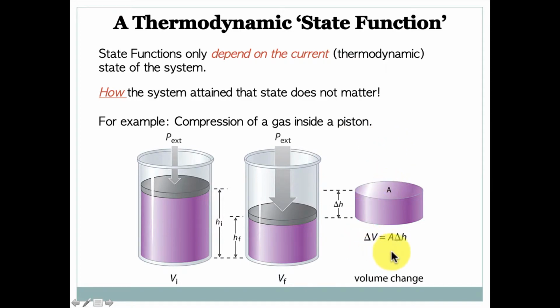This is the delta V example. Here is the V initial, and we can either push the piston slowly or push quickly. But the bottom line is, if we are going for the same final volume, the delta V is going to be the same regardless of which path we use.